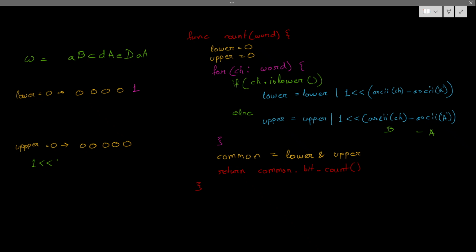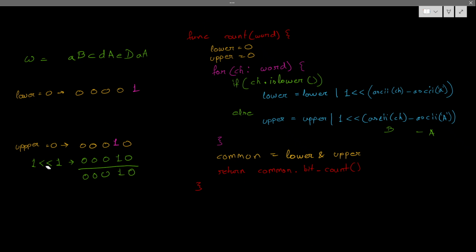So 1 left shift of 1, that means 0, 0, 0, then 1, and then 0. And after that I'm doing the OR operation. So it becomes 0, 0, 0, 1, and 0. This will be a new case, correct? So upper will be updated by this one as well.